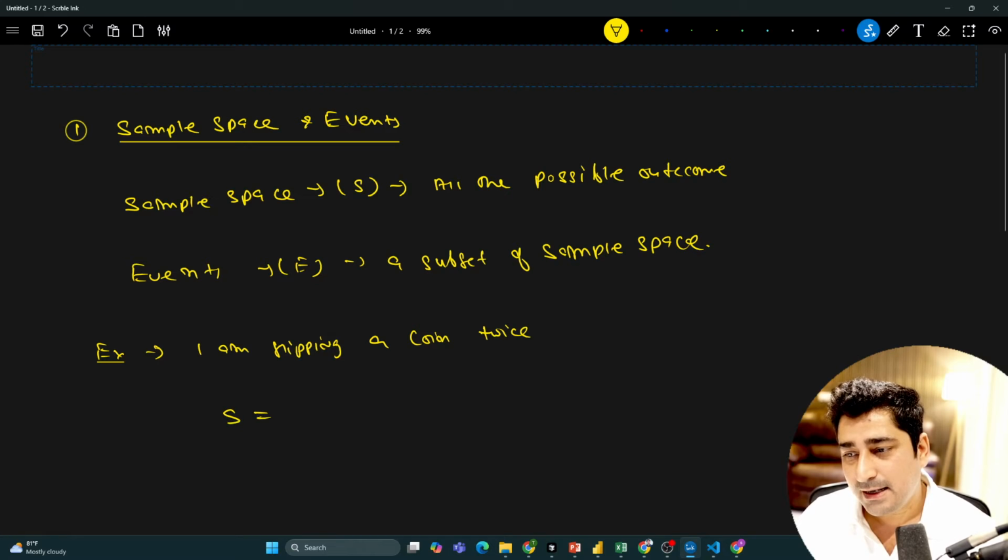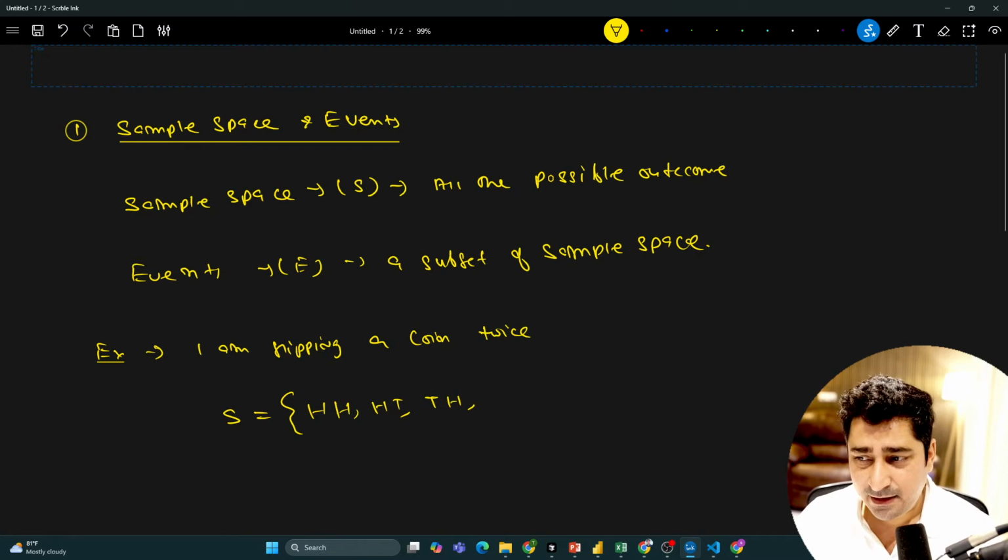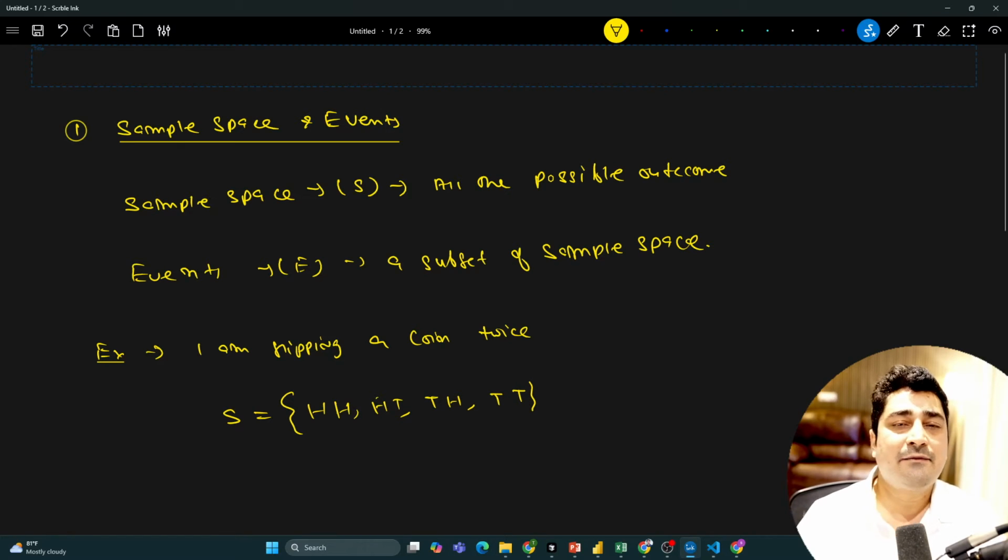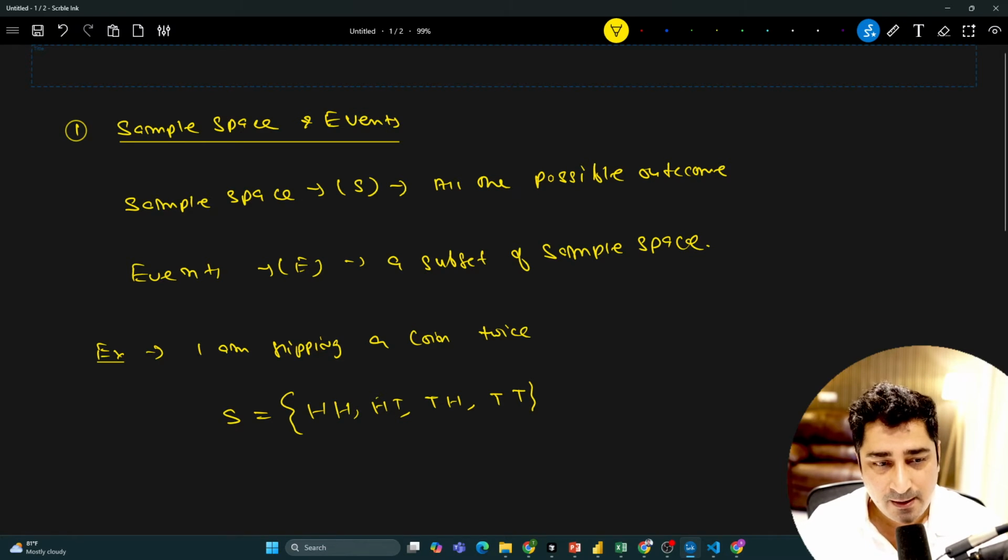So here my sample space could be head, head; it could be head, tail; it could be tail, head, first time tail, second time head; and here first time head, second time tail; and maybe tail, tail. Now these are all the possible outcomes that I can receive if I flip a coin. So this is basically called sample space.